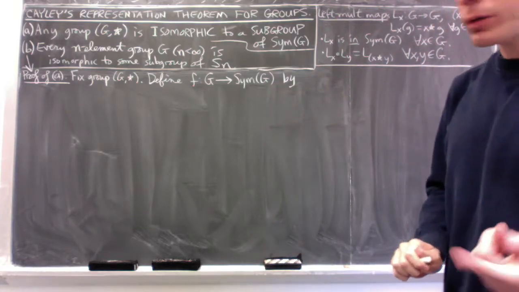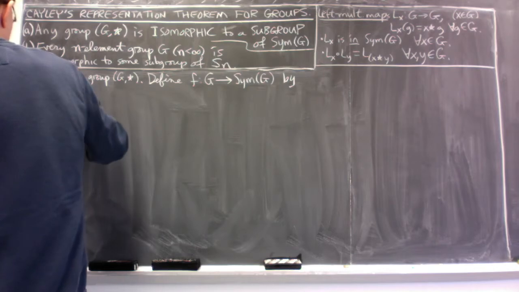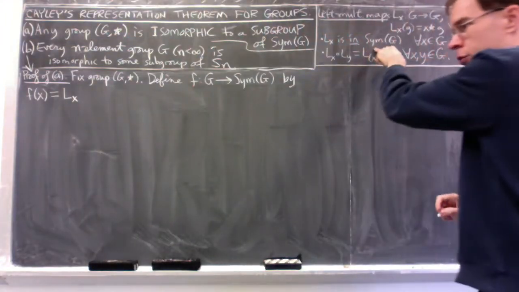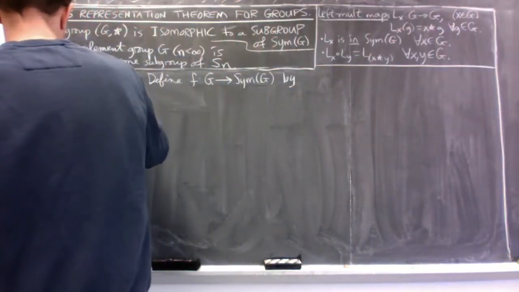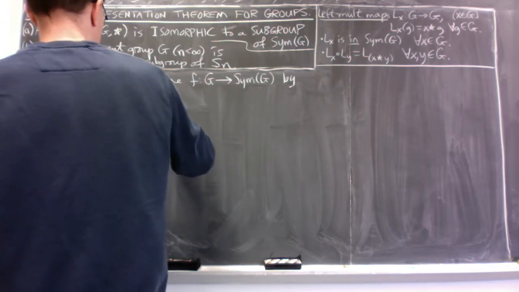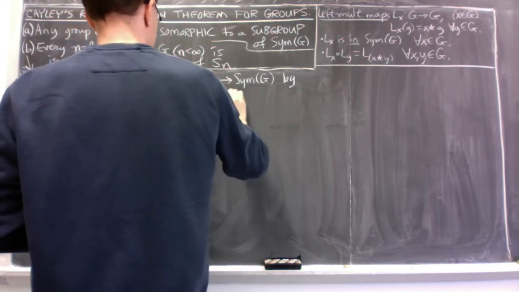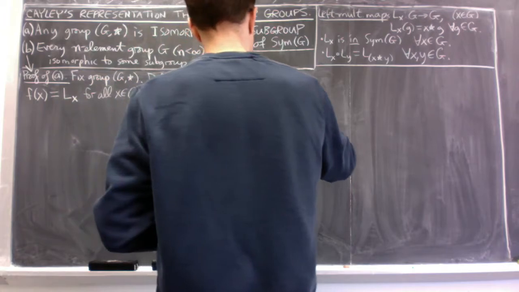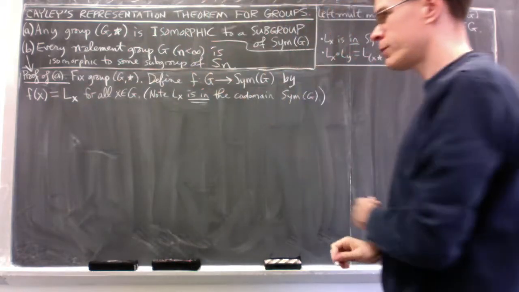If you give me an input, little x in G, let's send that to the output L sub x, which is a certain object in Sym(G). So we did prove that Lx is in the codomain. And for every x, there's exactly one such function. So we have a well-defined function f.